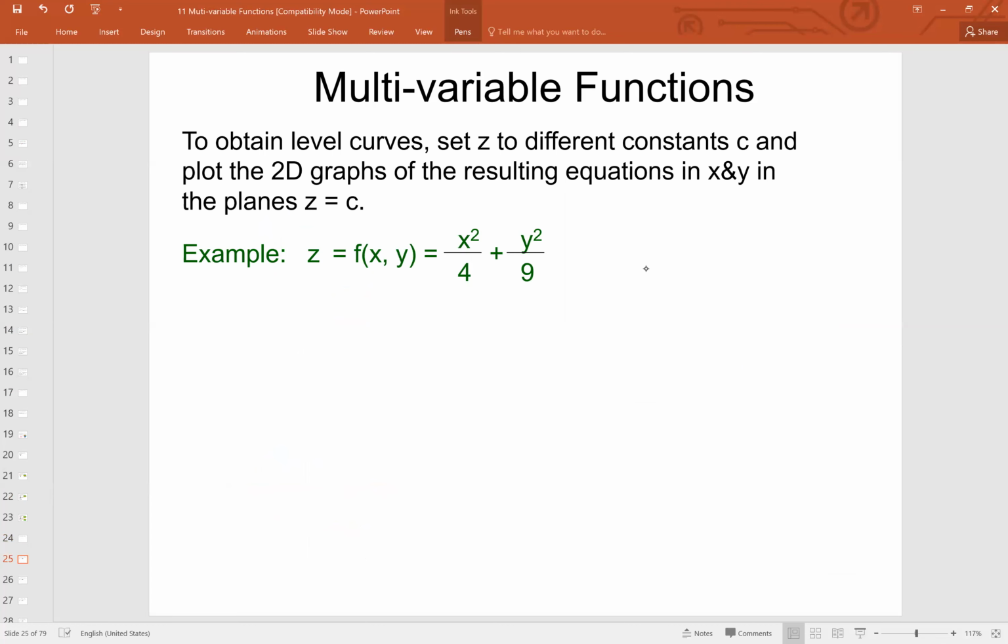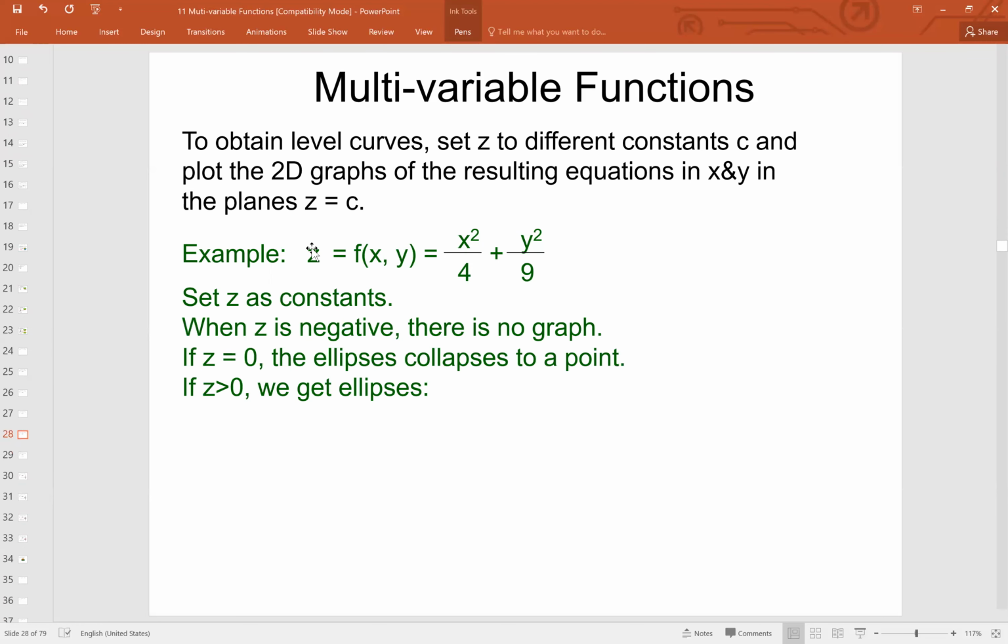About this one, we had a little review on quadratic surfaces. If I set different values of z, for positive numbers z, I will get ellipses.